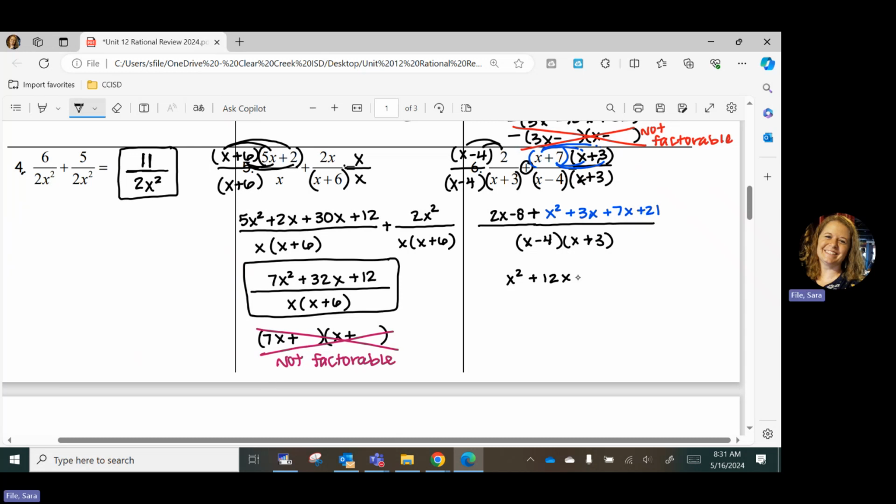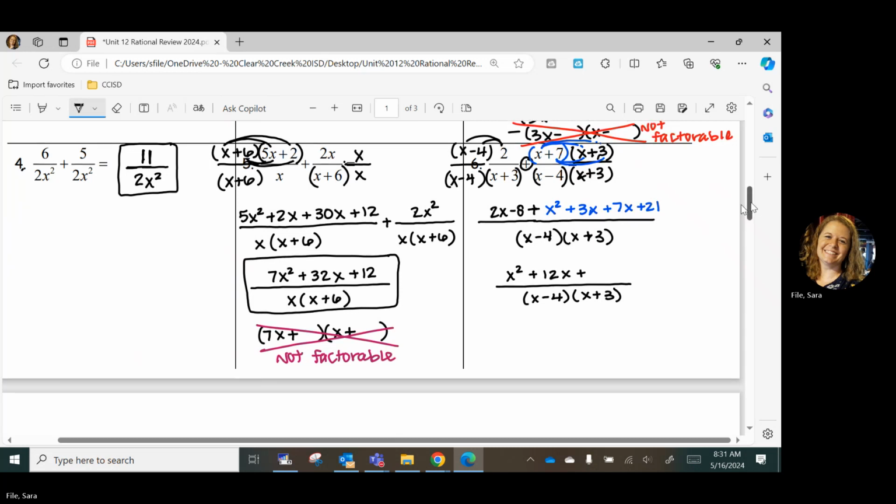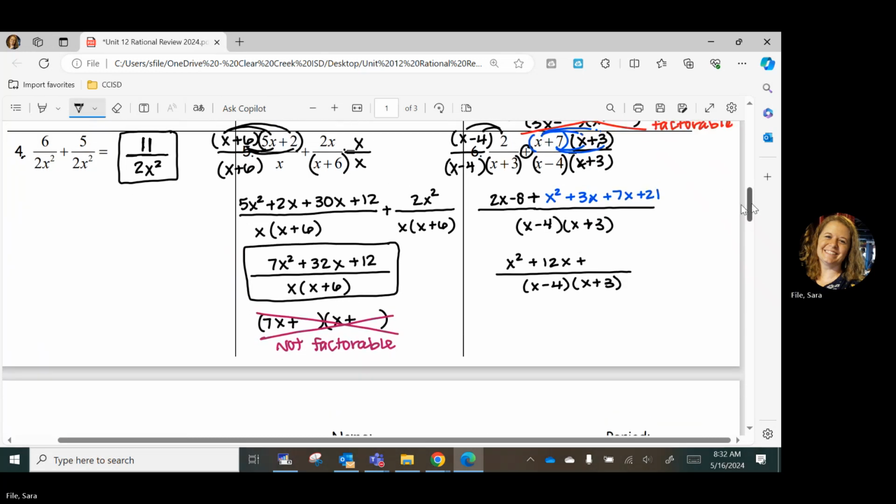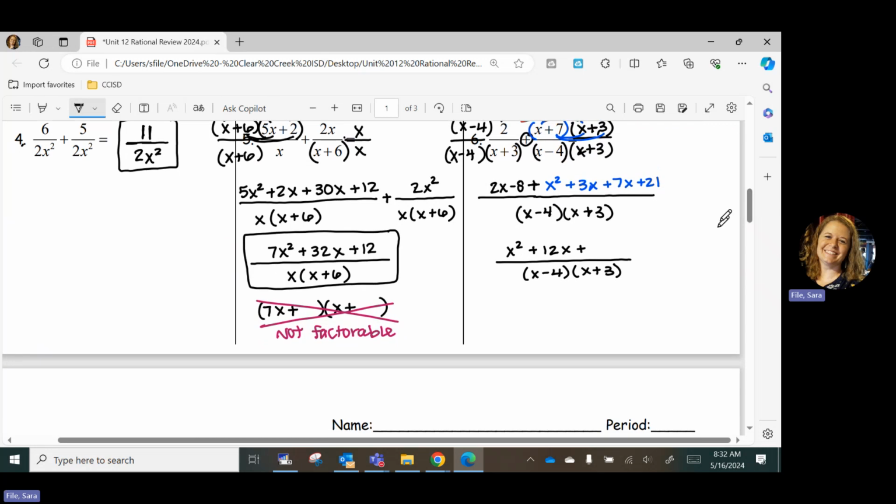So what is that? What does that give me? What's 21 minus 8? Y'all can participate here. Say again? 13. So we've got plus 13.